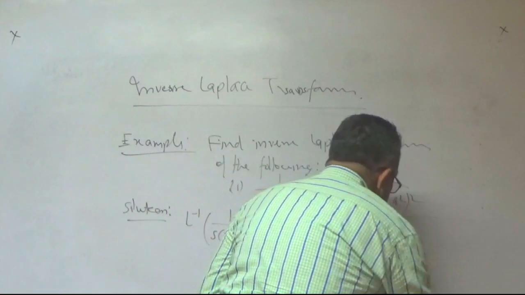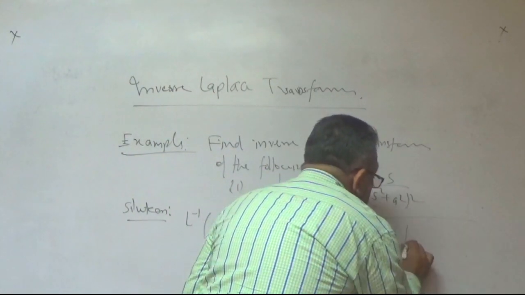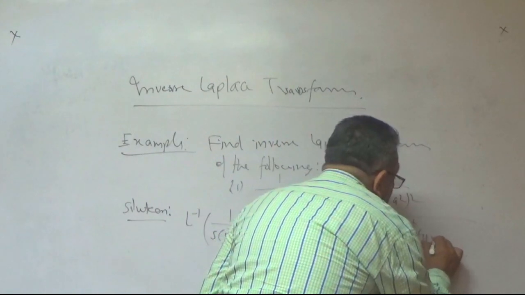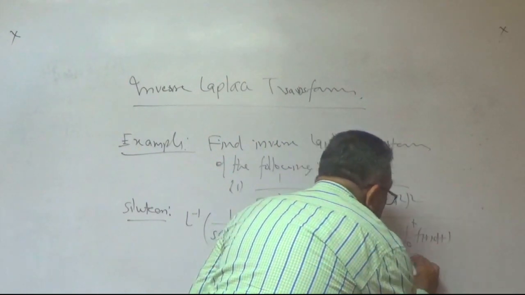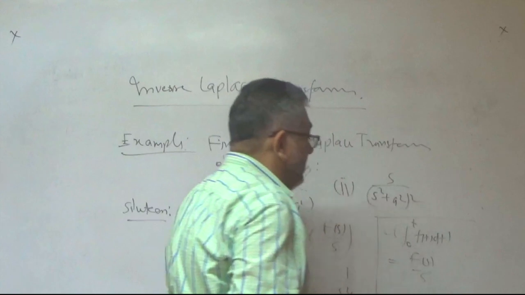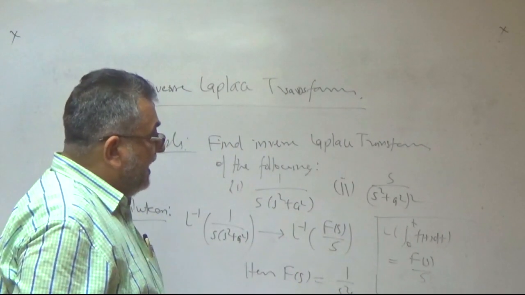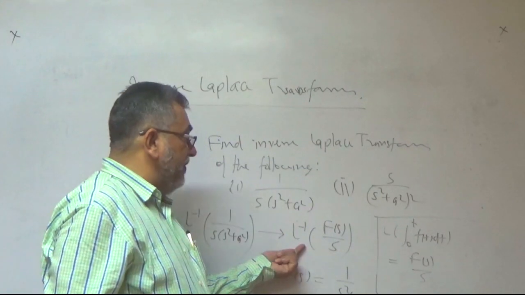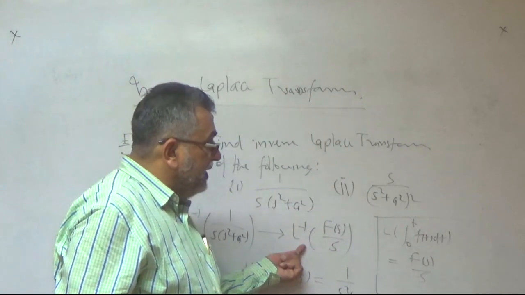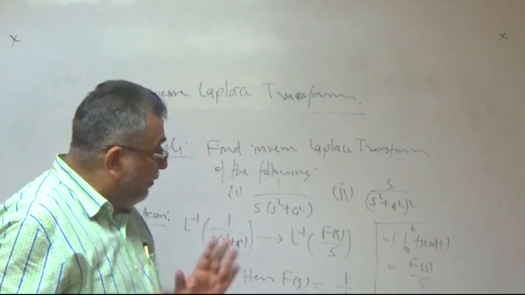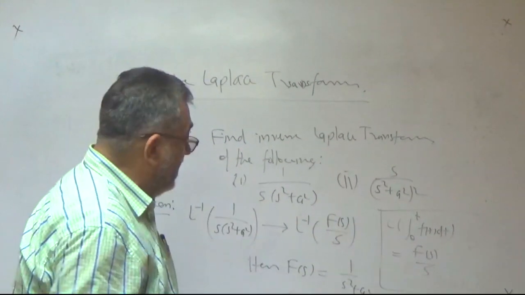As I discussed, the Laplace transform of the integral from 0 to t of f(t) dt is F(s) upon s. So by this property, the inverse Laplace transform of this is equal to the integral from 0 to t of f(t) dt. First of all, we have to find f(t).